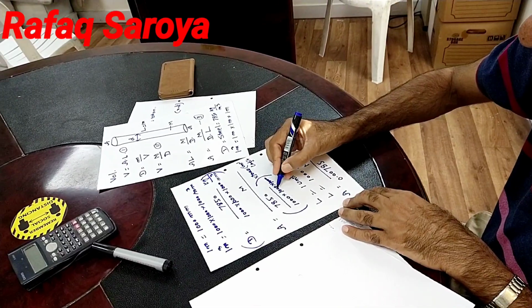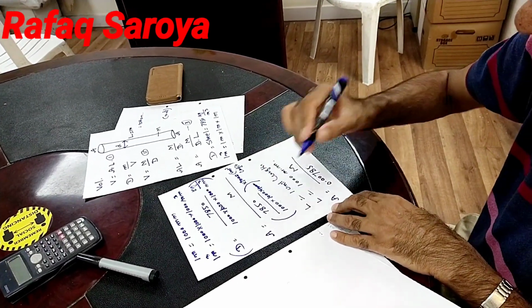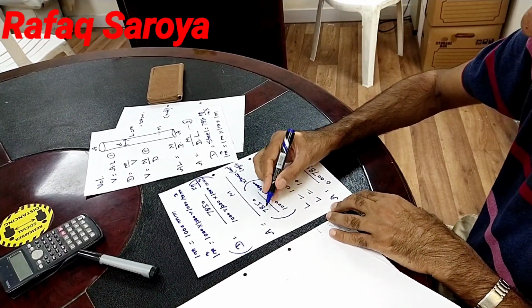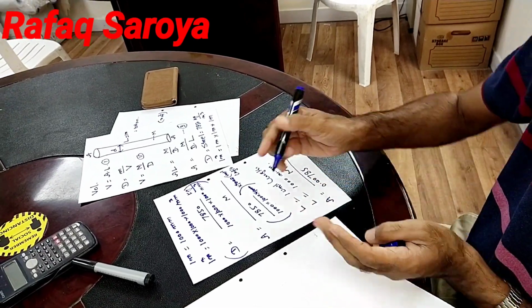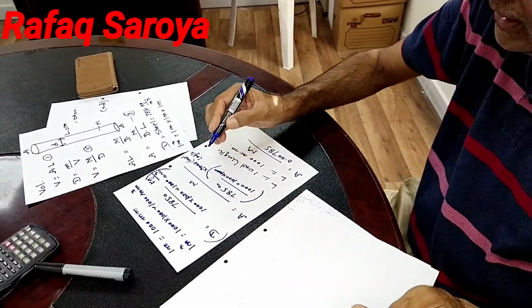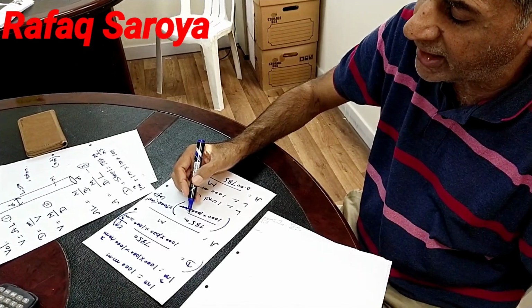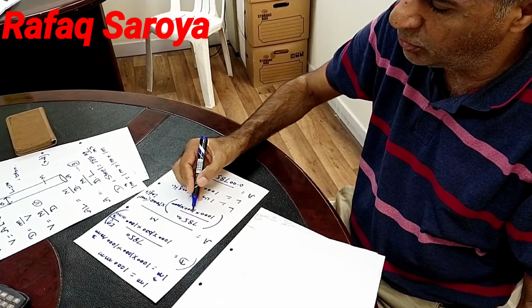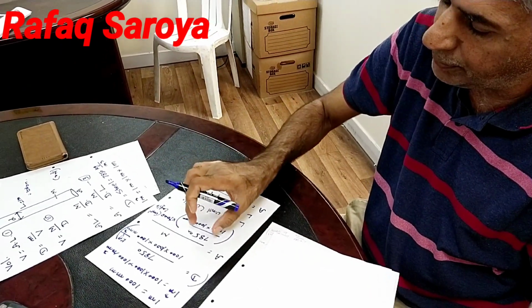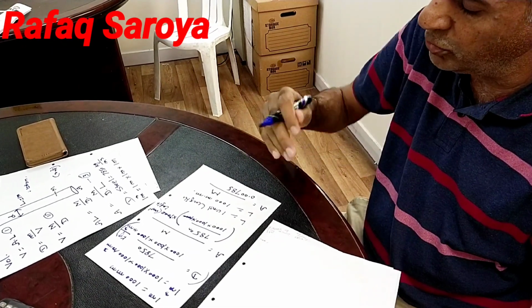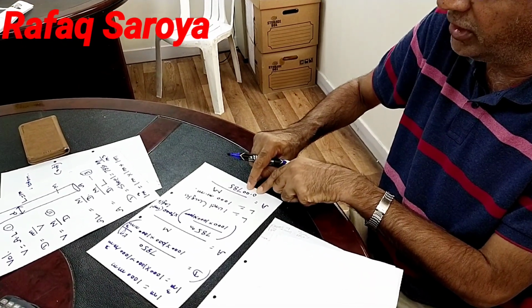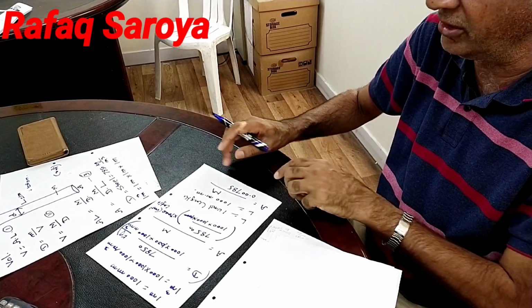How? You see 1, 2, 3, 4, 5, 6. 1, 2, 3 and 4. I have to move, you see this is the decimal point at this point, and I have to move to the left-hand side to the 6th digit. You see 1, 2, 3, 4, 5, 6. The 4 digits are already over here, then 2 zeros I have to introduce. So it is very easy mathematics, like children.